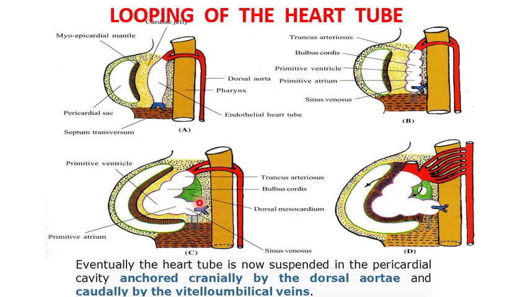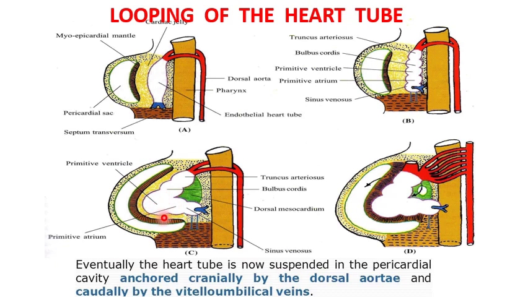The caudal limb is formed by the primitive ventricle, which is displaced to the left, while the primitive atrium, which is present here, will be shifted posterior-superior to the primitive ventricle.